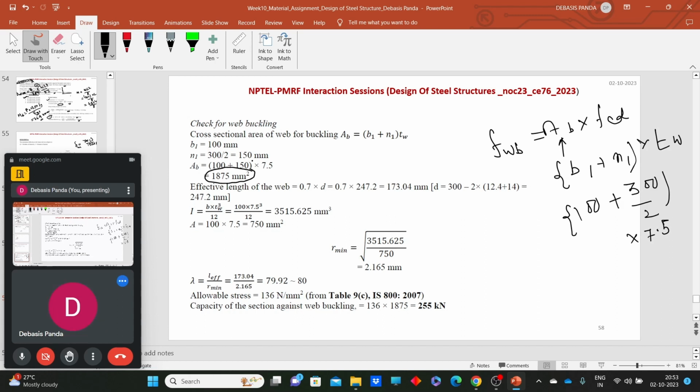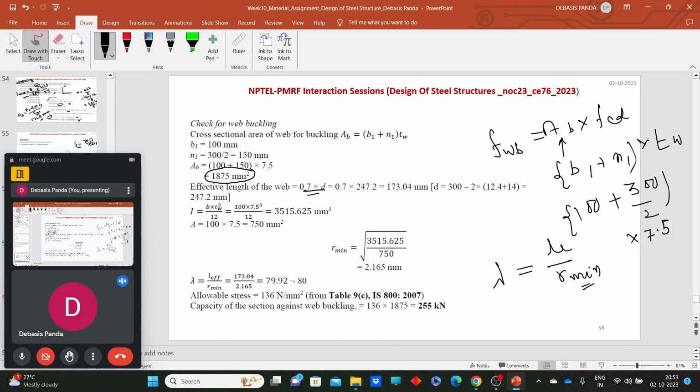Now, what should be the effective length of the web? Because we need to calculate the Fcd value, we need to know the lambda value. How can we calculate the lambda value? For the web portion, we need to calculate effective length by r minimum. What will be the effective length for this case?